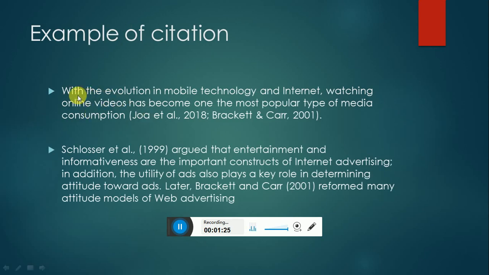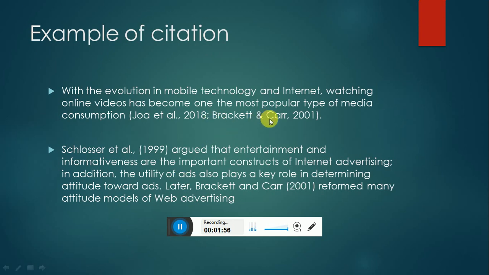You can see that with the evolution in mobile technology and internet, watching online videos has become one of the most popular types of media consumption. After this statement, there is a bracket placed and then Joa et al., 2018, then a semicolon, and Card, 2001, bracket close and then a full stop. This statement was extracted from past papers, Joa et al., 2018 and Card.